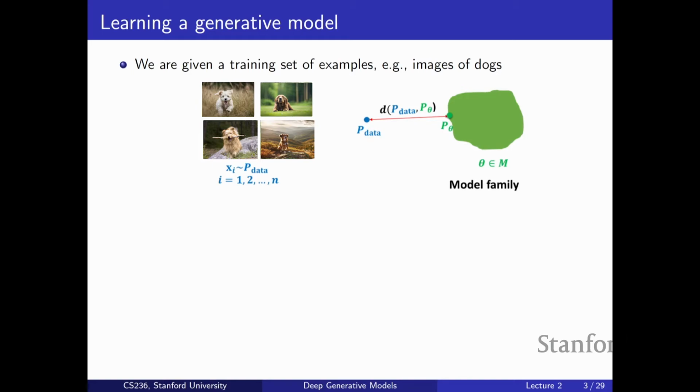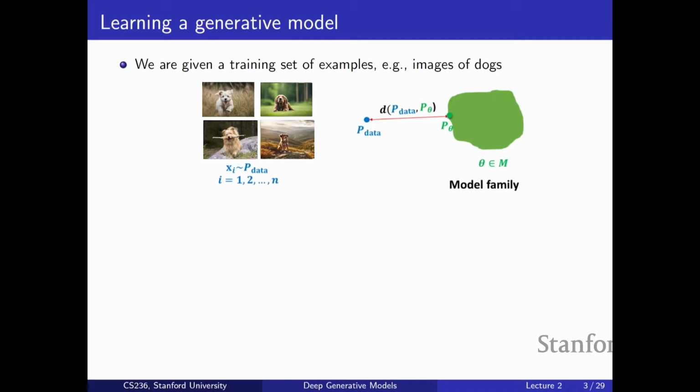The whole problem in this class and in the space of generative models and generative AI is to come up with a good approximation of this data generating process. Because if you have access to a good approximation to this data distribution P data, then you can sample from this approximation and generate new text.